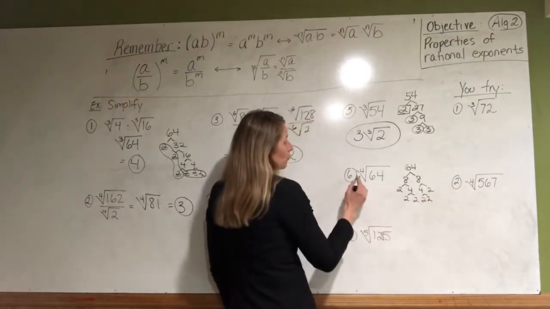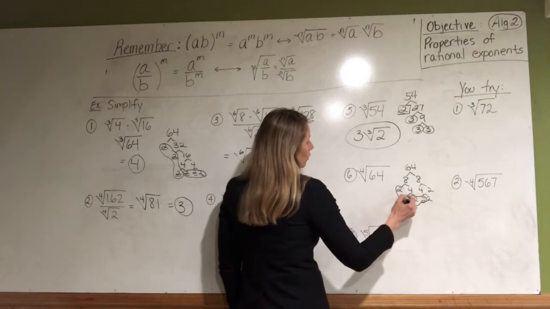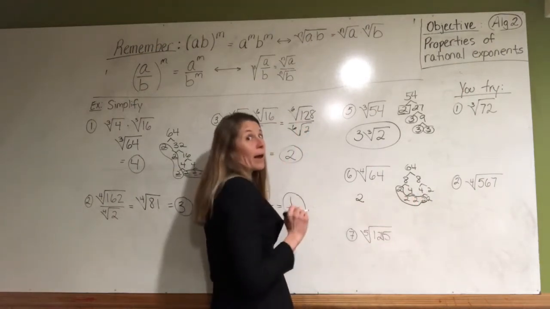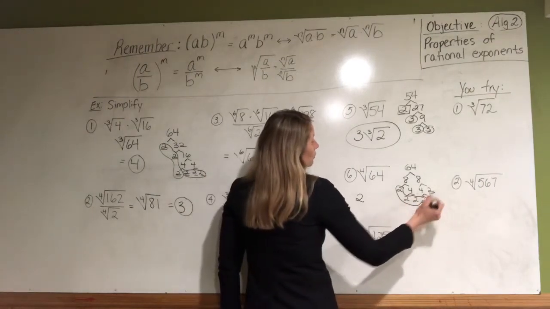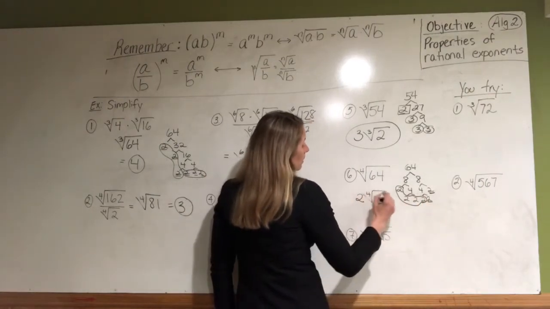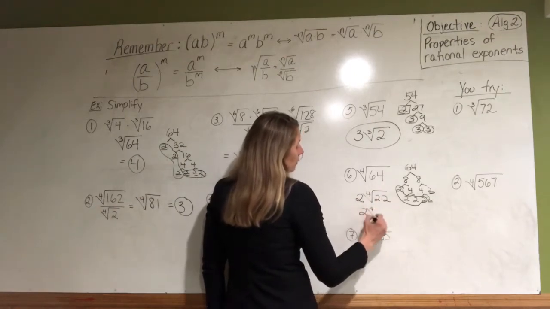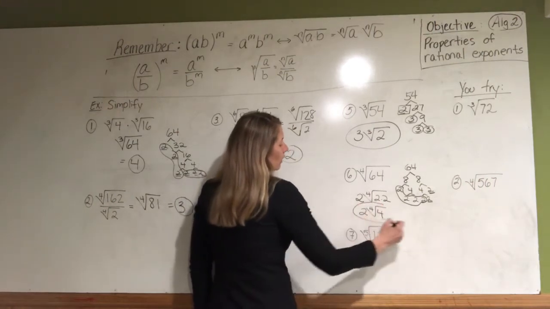So again, I need a group of 4. So I have 1, 2, 3, 4 2's. So I know I get to take one of them out. That factor comes out. But I still have these extra 2's left inside.